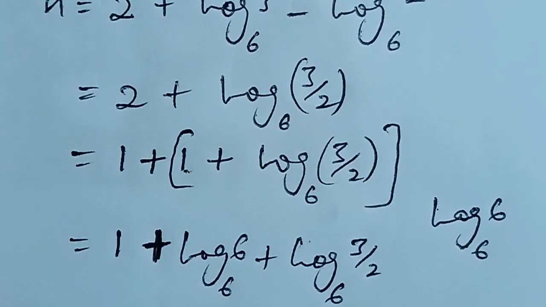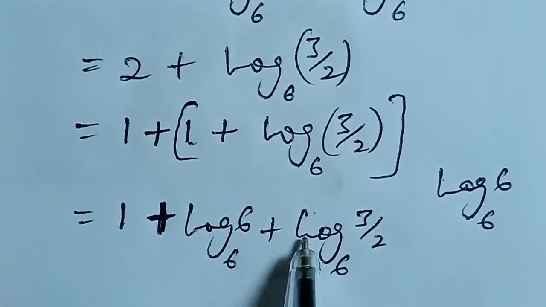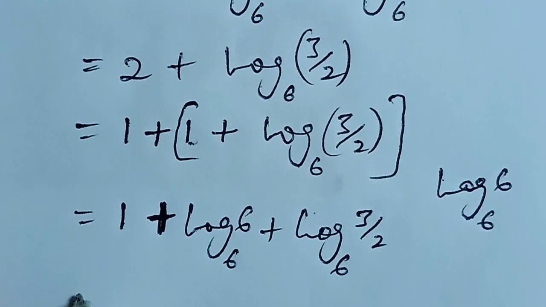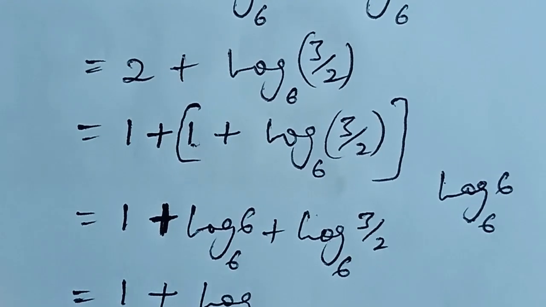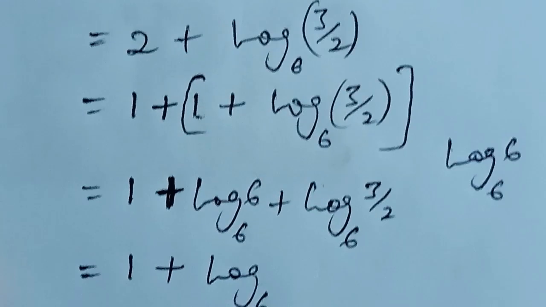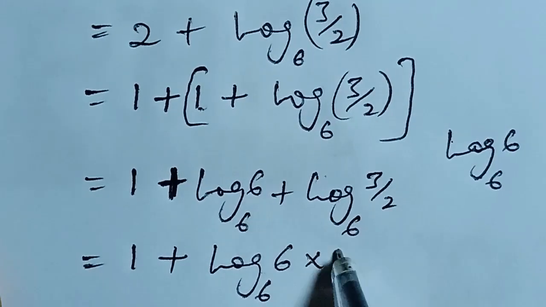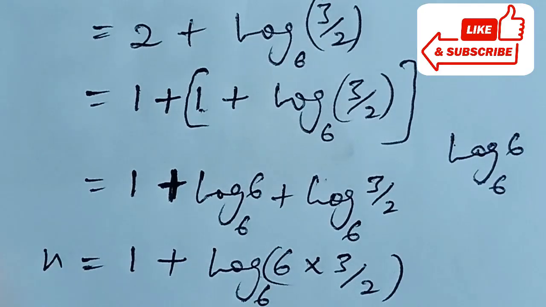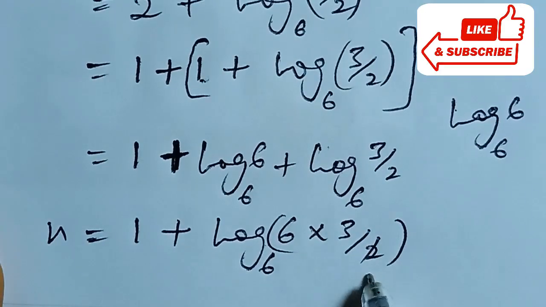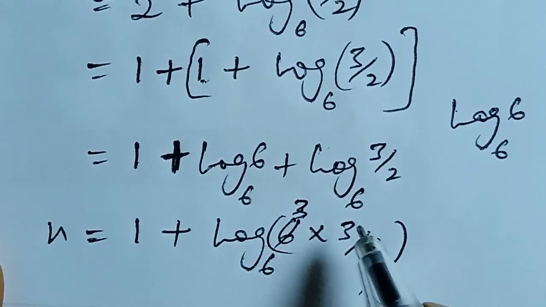Now, using the log identity, this can become multiplication. Then we have 1 plus log base 6 multiplied by this as well, 3 over 2 in the bracket, and that's equal to n. So 2 here becomes 1, 2 here becomes 3.